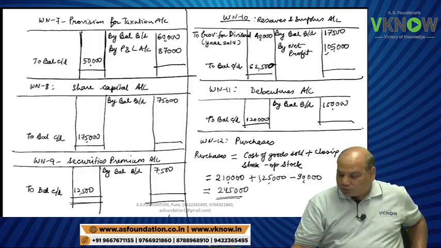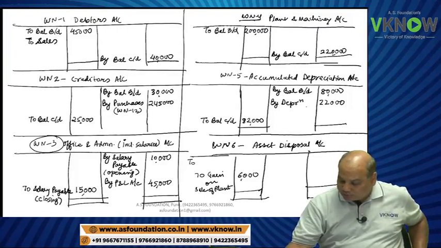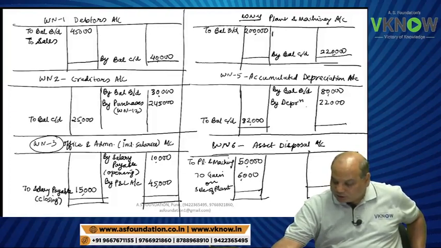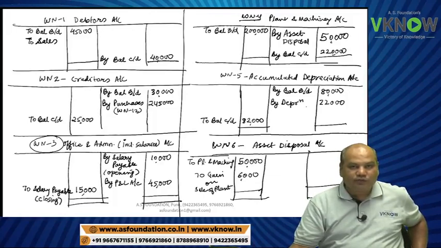This is a good way of learning. So I am now going to working note number 4 and 5 and 6. Working note number 4, asset disposal account debit side to plant and machinery 50,000. Plant and machinery account credit side by asset disposal account 50,000. This is the first entry.